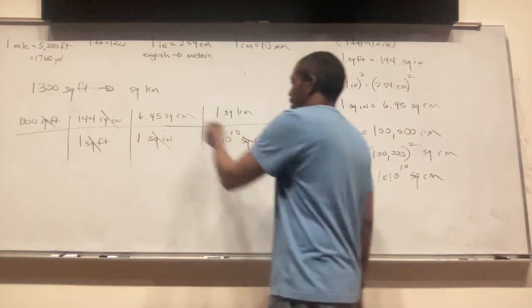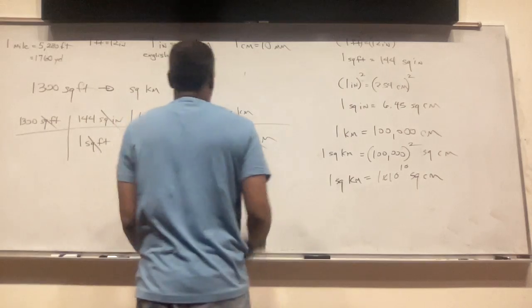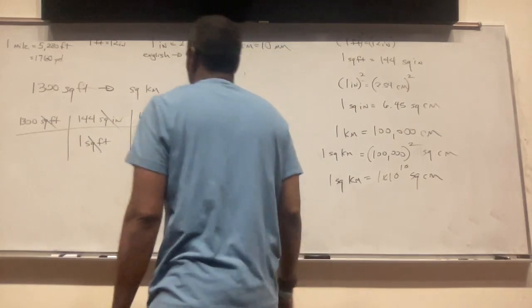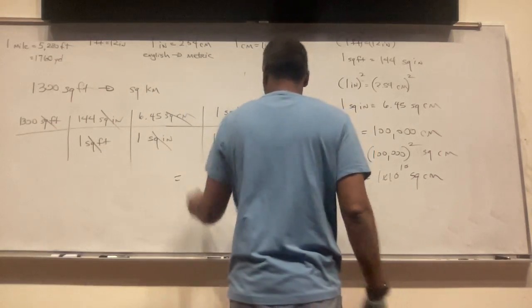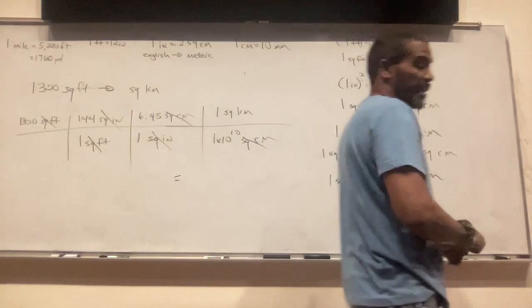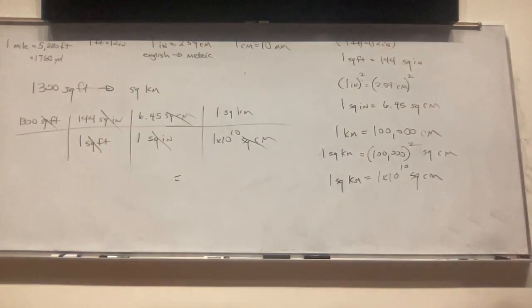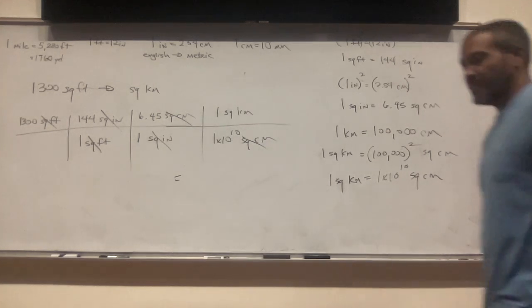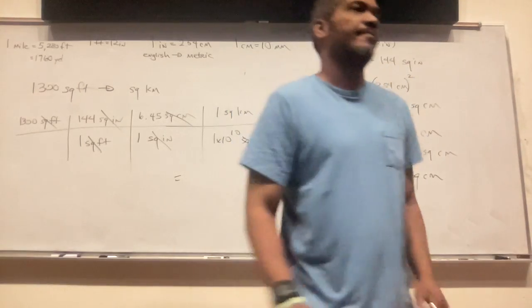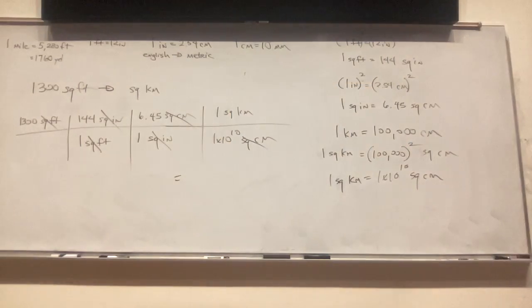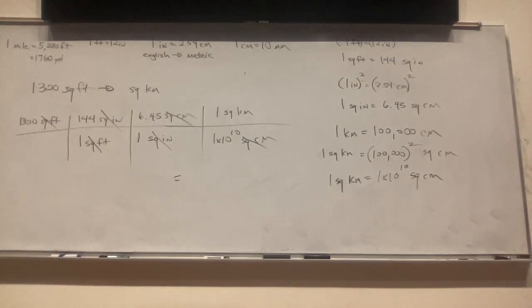Okay? Cancel them out. Now we're at square kilometers. What's the answer? You need to use parentheses and the E. If everybody uses parentheses and the E, then we'll get the same answer. And for those of you who don't have your calculator today, you need to bring your calculator every day.